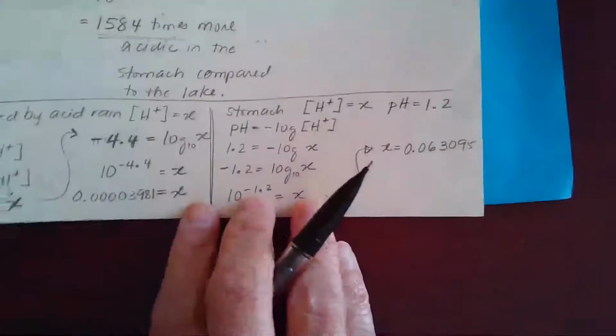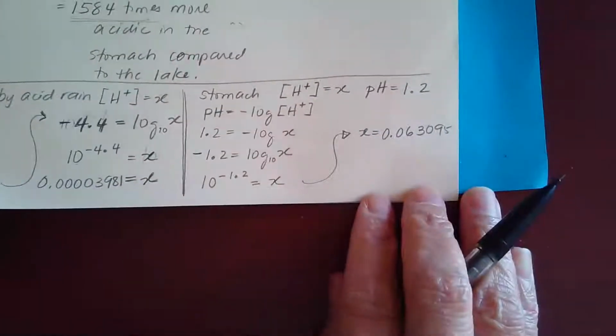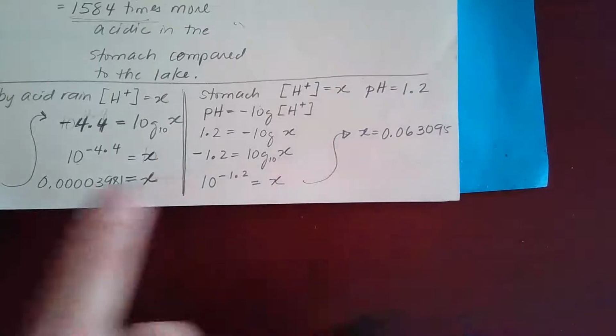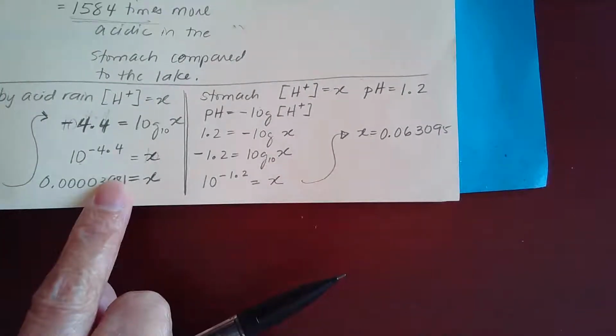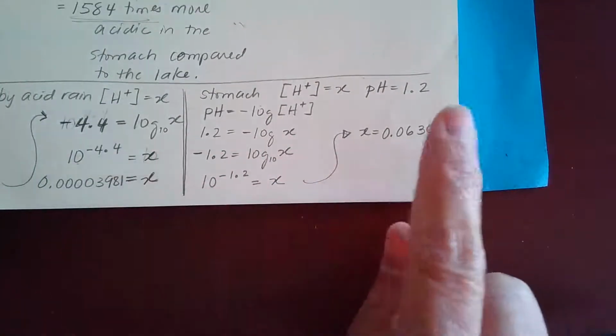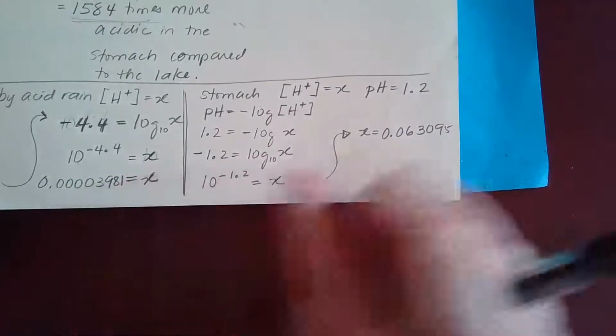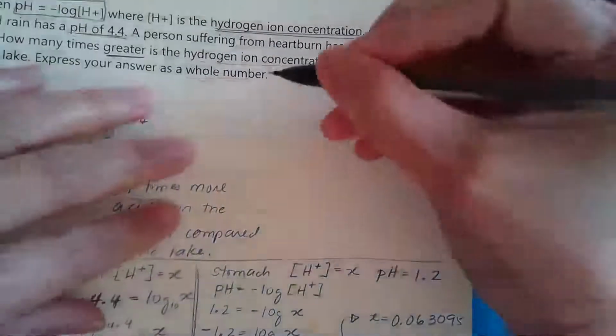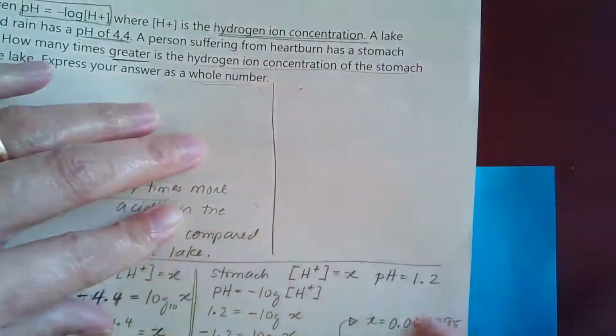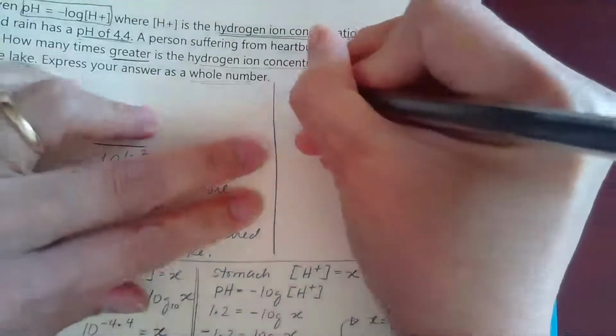So they're asking, how many times bigger is this compared to that one? So how can we figure that out? How many times bigger is this compared to that one? The way to do that is, I'm going to go back up here.